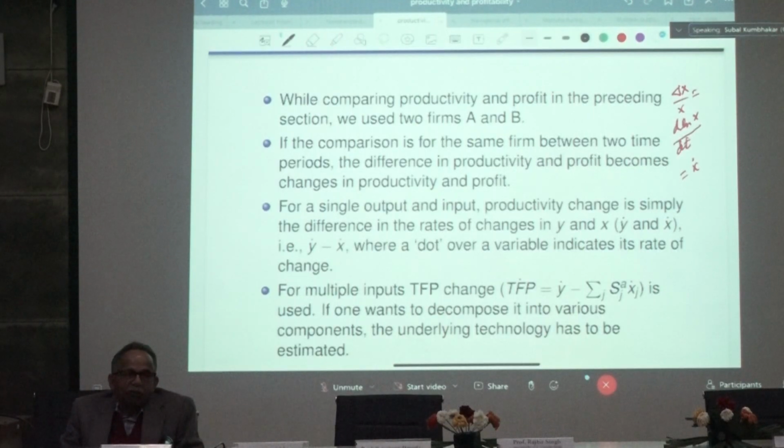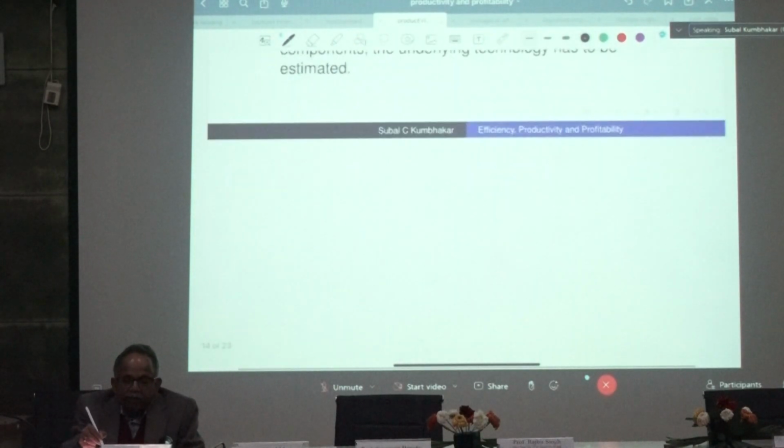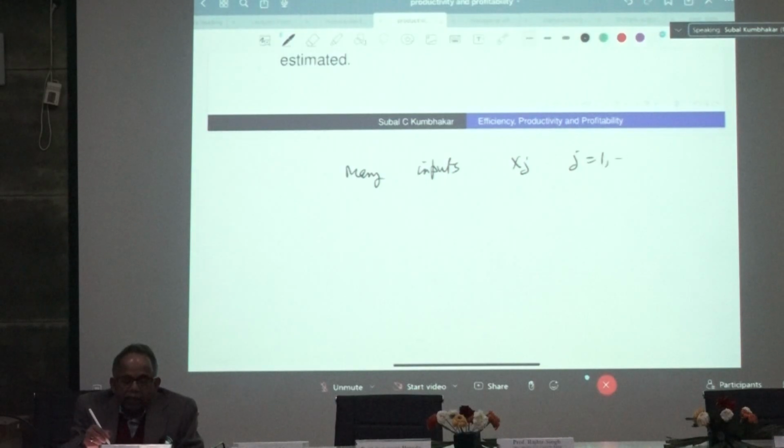If you have many inputs, say call it xj, with j equal to 1 through big J, you can define y over xj as partial productivity, or partial factor productivity.